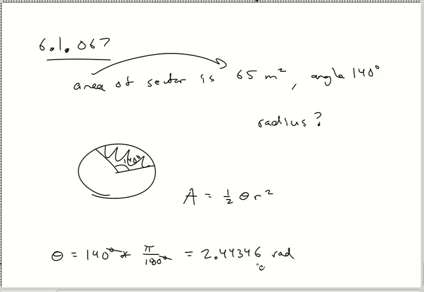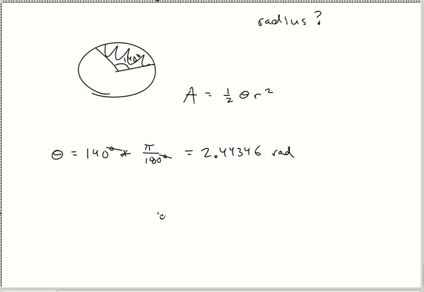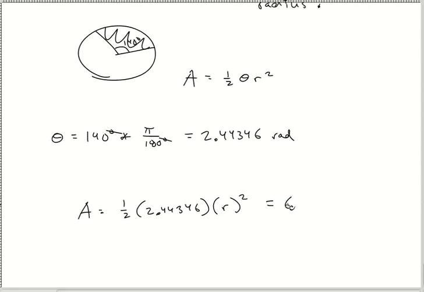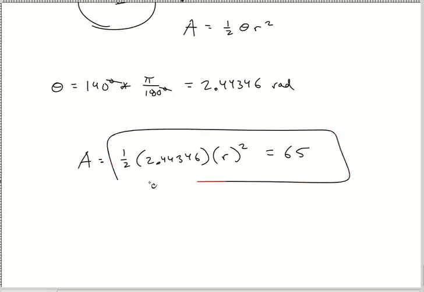So we'll be using that in my formula. So here we go. A is equal to 1/2 times 2.44346, that was my theta, r, I don't know, and it's squared. And my area, they had told me was 65, just straight up. So that's my formula right there.